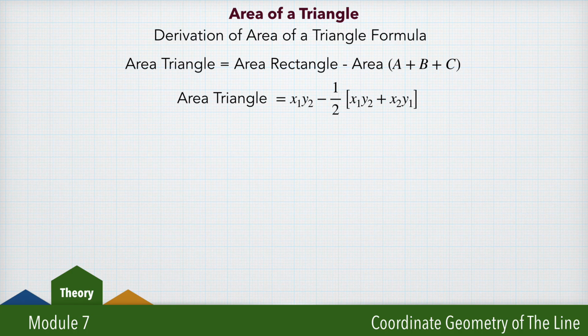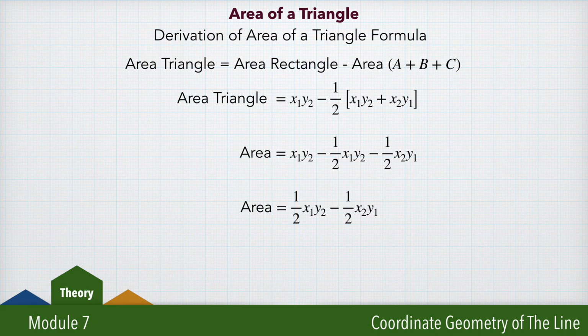With our simplified equation, we will now multiply out the brackets and further simplify. To tidy up, we will take the half out as a common factor again, which gives us the coordinate geometry area of a triangle formula. The brackets used in this formula are absolute brackets, which ensures that a positive area value is obtained.